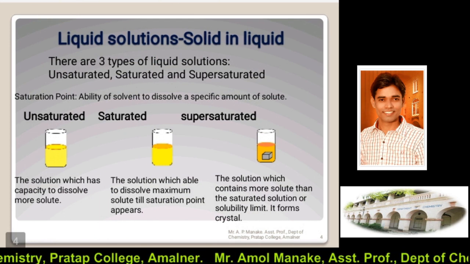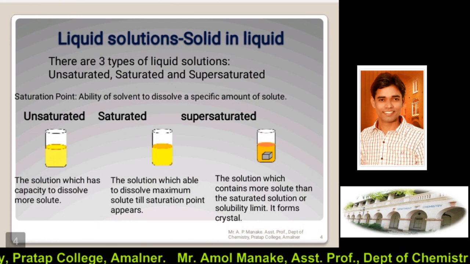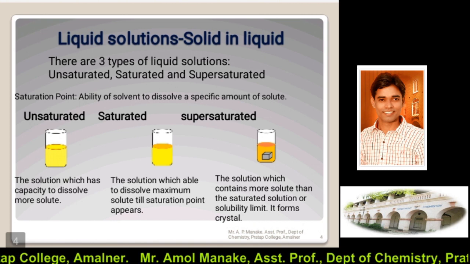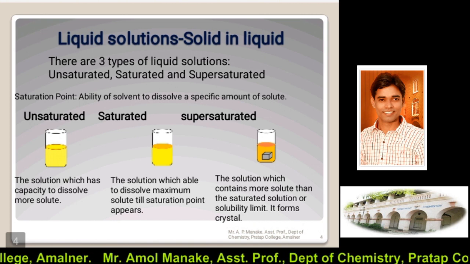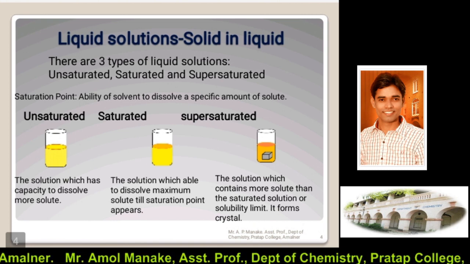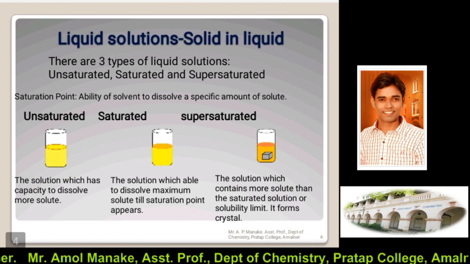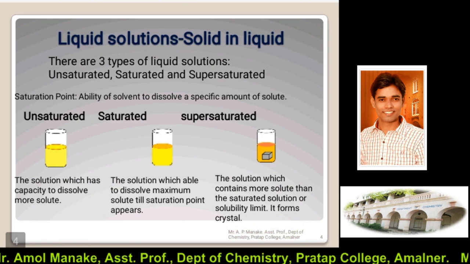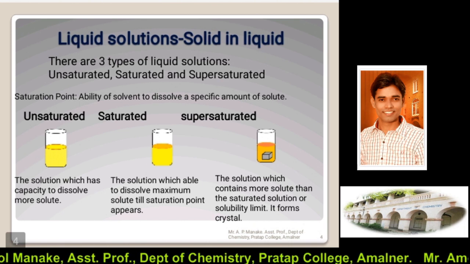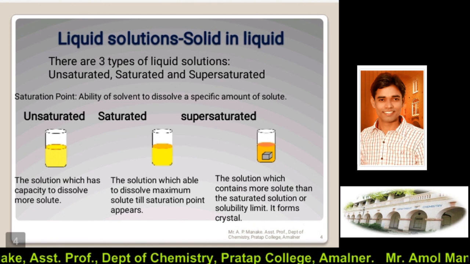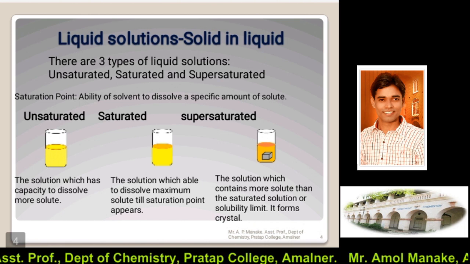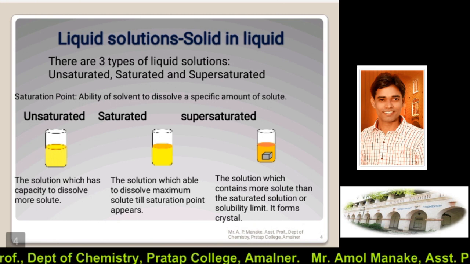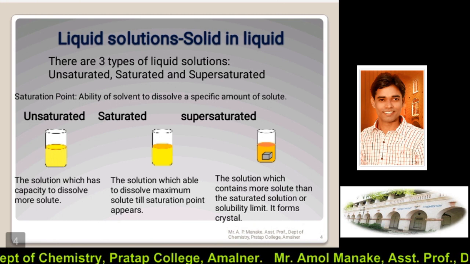Now we will discuss the liquid solutions, which we saw in the previous slide. In liquid solutions, solid solute dissolves in the liquid solvent. There are also three types of liquid solutions.